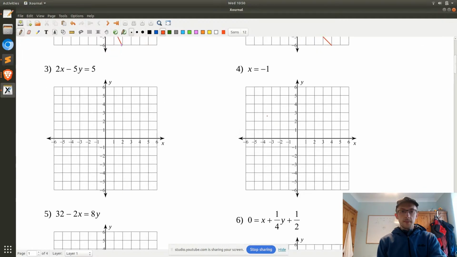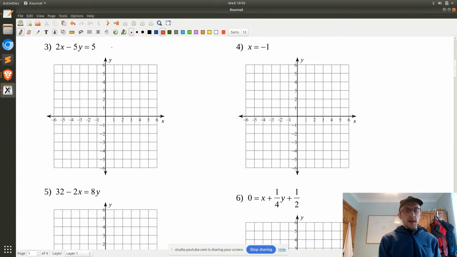Next. 2x take 5y equals 5. What do we do? Rearrange it into slope-intercept form. What I mean by that is make it look like this: y equals mx plus c. So how do we do that?